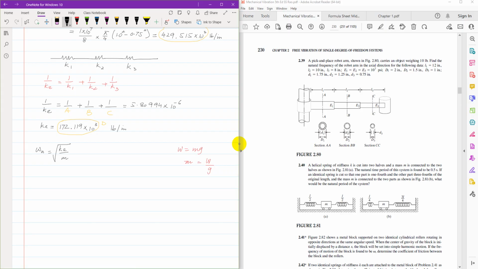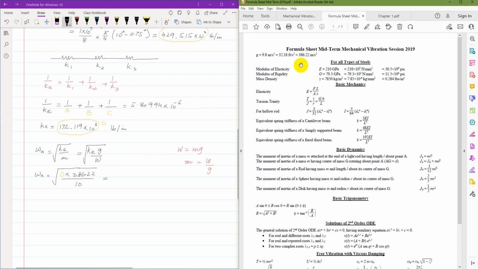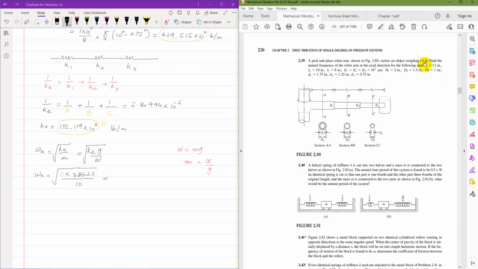So this equation can be modified as the square root of K equivalent into g over W. For the natural frequency, you can use the stored K equivalent or directly put in its value, with g in inch per second squared being 386.22, and the weight given as 10 pounds. Remember that pound is a unit for weight, and for mass in the inch-pound system the unit is slug.